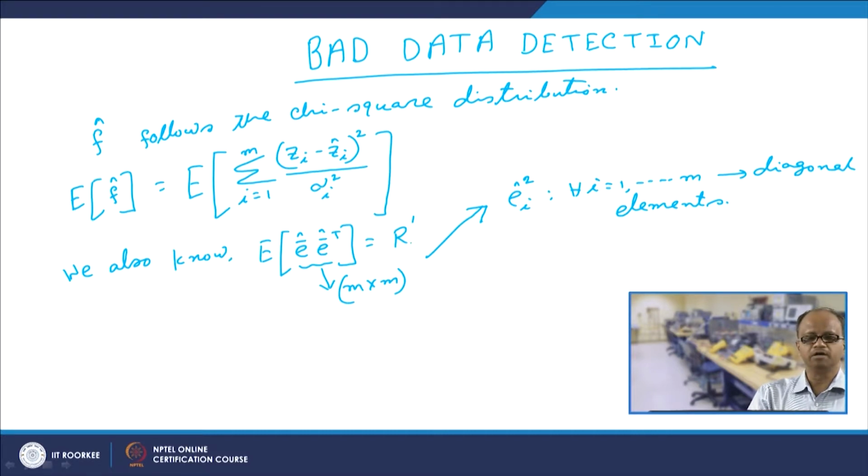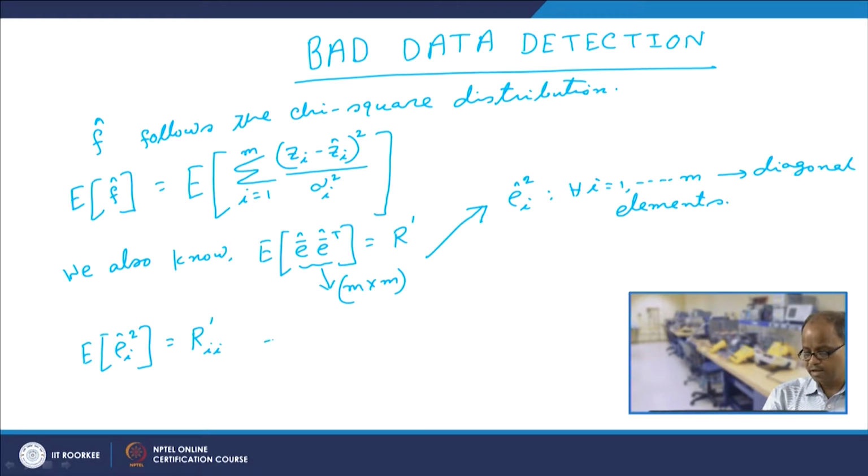And this matrix is also an m cross m matrix, that we have already seen, so this is also a square matrix. Therefore, the expected value of E I hat square is actually R I dash, that is the diagonal element of this.